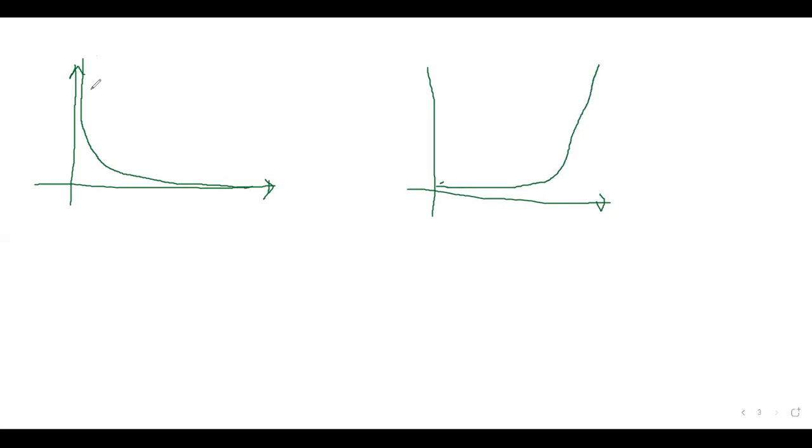If you merge these two, you will get the cost function of the logistic function, and you will get the global minima, the best possible point. This is my cost function graph for the logistic regression.